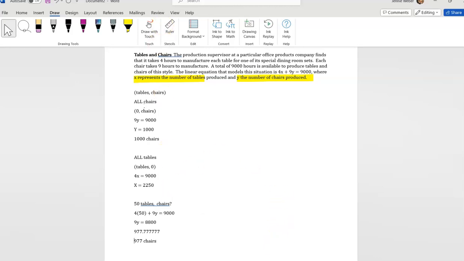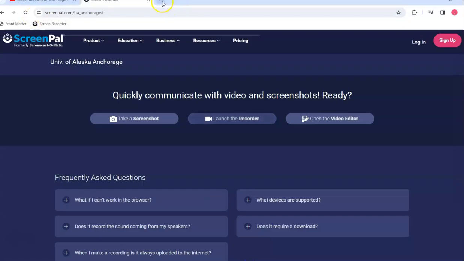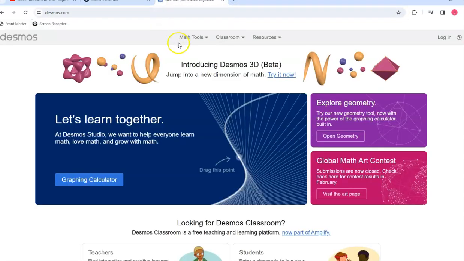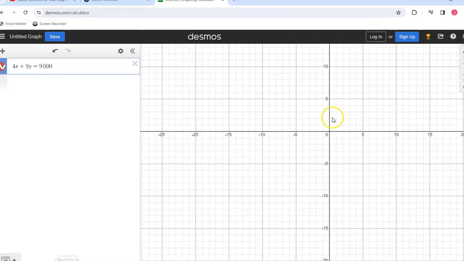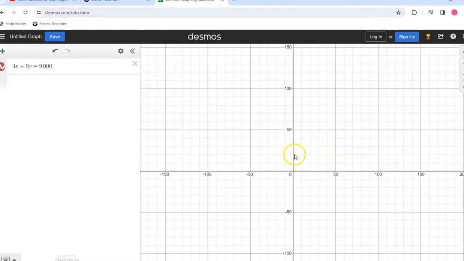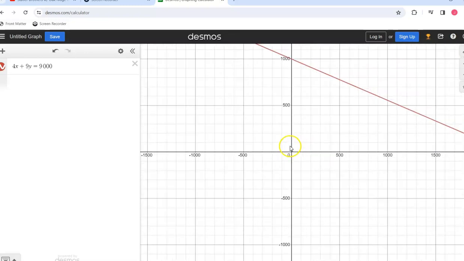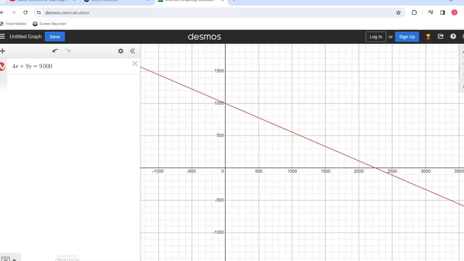Now, if I wanted to graph this, I'm going to come over here to Desmos, and in the first section, I gave you some options on that. I find that this can be really helpful on some of these bigger number ones. You can see here, I can't even see it till I zoom out.